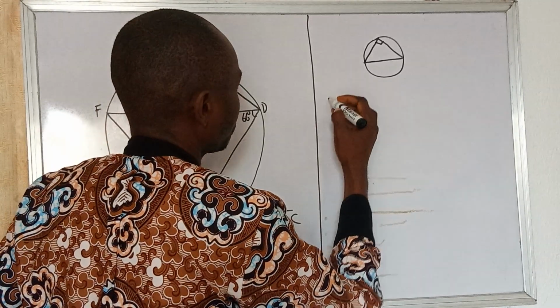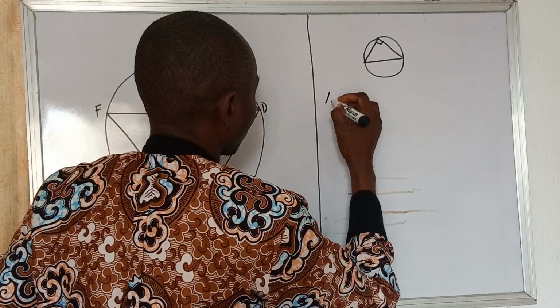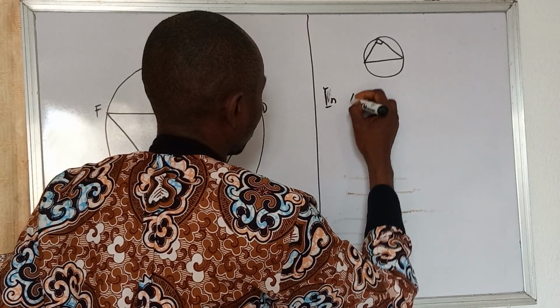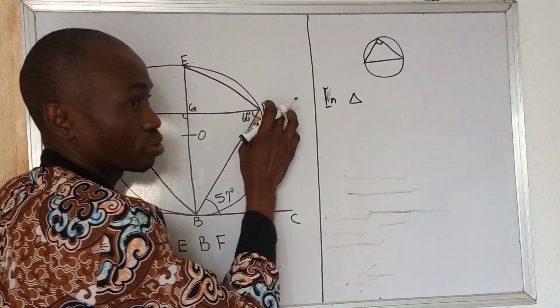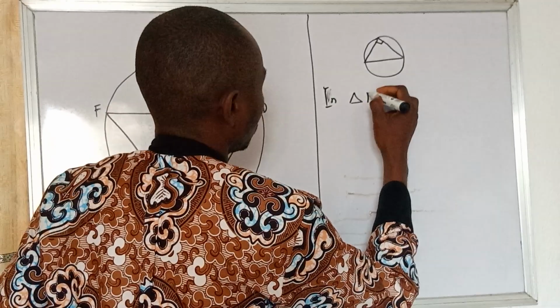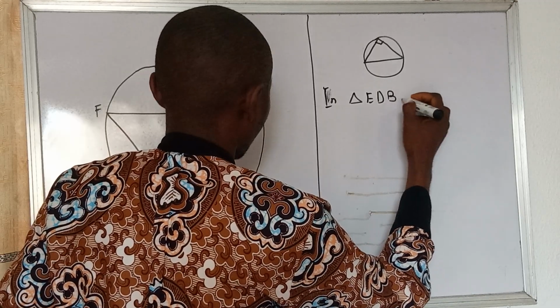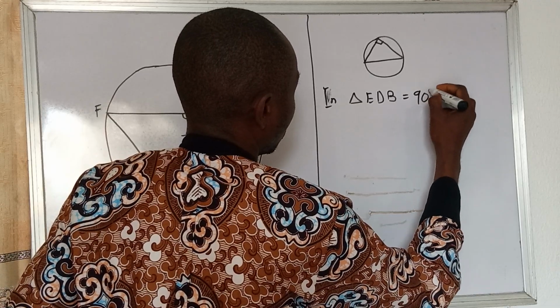So we have, in triangle, remind you, reference angle is D, in triangle EDB equals 90 degrees.